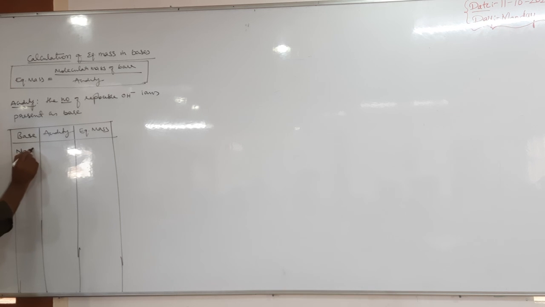NaOH, come on, tell me, what is acidity? Potassium hydroxide, 1. Calcium hydroxide, there are 2 OH minus ions replaceable. See, in case of bases, there is no exception. If there are 2 OH minus ions, 2 can be replaceable.